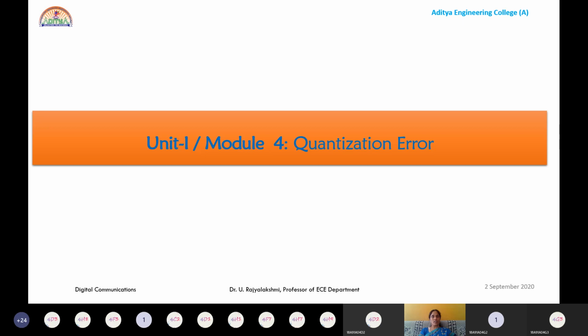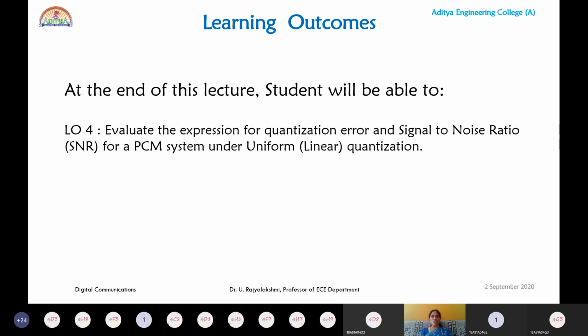We have many channel encoding systems which can detect and correct the error bit locations, and you can even correct that error data bit. That's why we need to consider the effect of quantization noise on the SNR of a PCM system. Let us move to the individual slides.